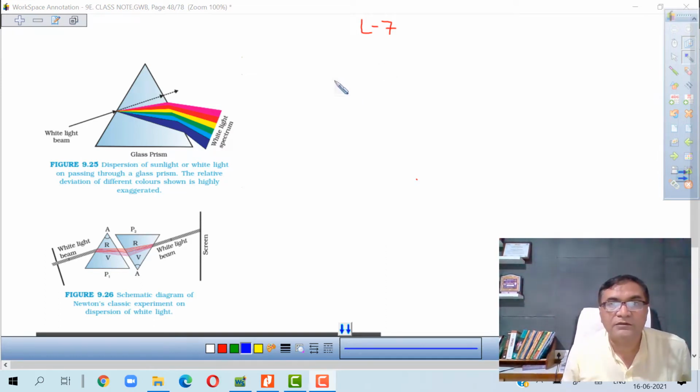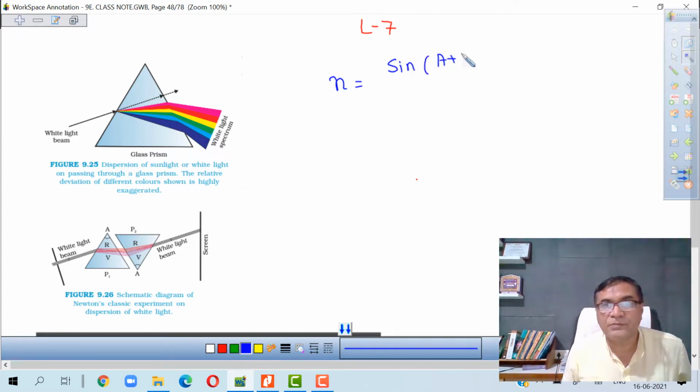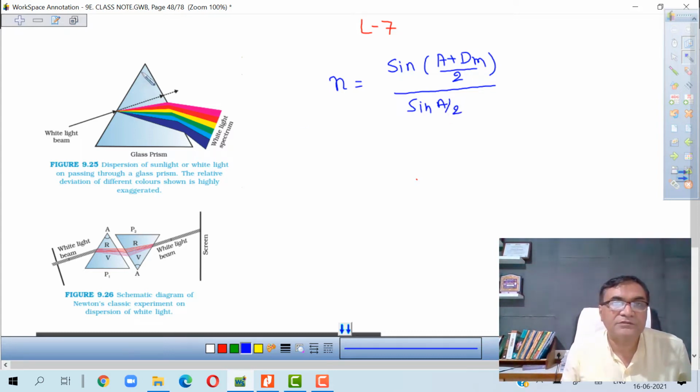The formula for the refractive index of the prism is equal to sin((A plus dm)/2) upon sin(A/2), where A is the prism angle, the angle between the two refracting surfaces, and dm is the minimum deviation.